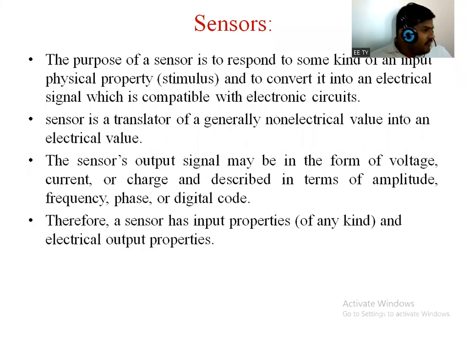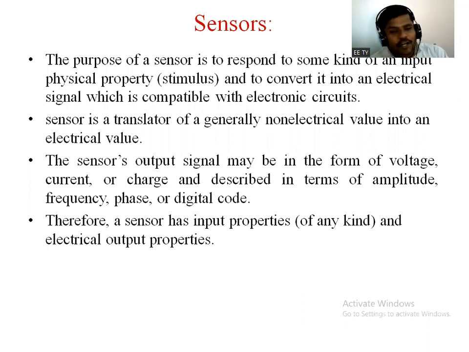Therefore, a sensor has input properties of any kind and an electrical output property. From the above overall discussion, we made one conclusion: a sensor has input properties of any kind. That means a sensor has an input property in the form of a physical parameter like temperature, pressure, and humidity.